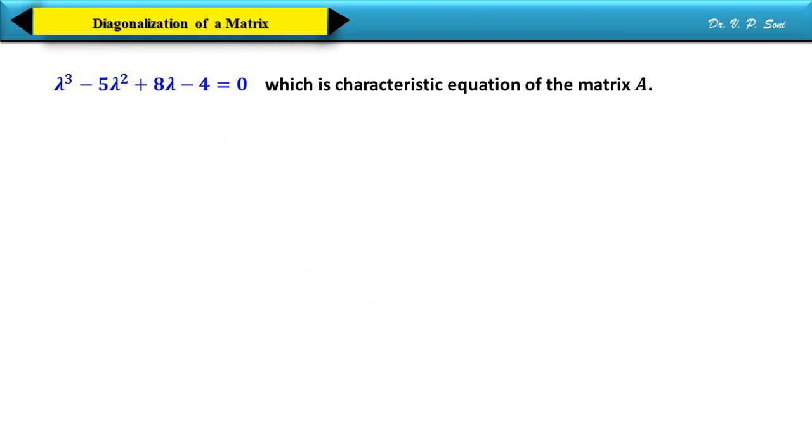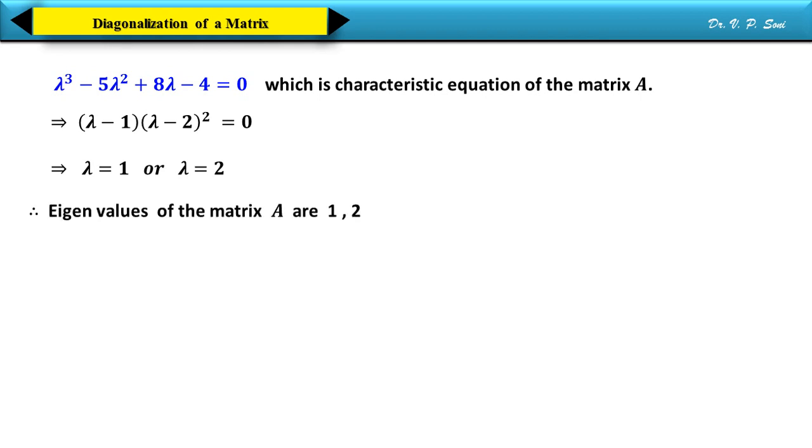Now factorize the characteristic polynomial lambda cube minus 5 lambda square plus 8 lambda minus 4, then we get lambda minus 1 into lambda minus 2 whole square equal to 0. This implies lambda equal to 1 or lambda equal to 2. Therefore, the eigenvalues of the matrix A are 1 and 2.